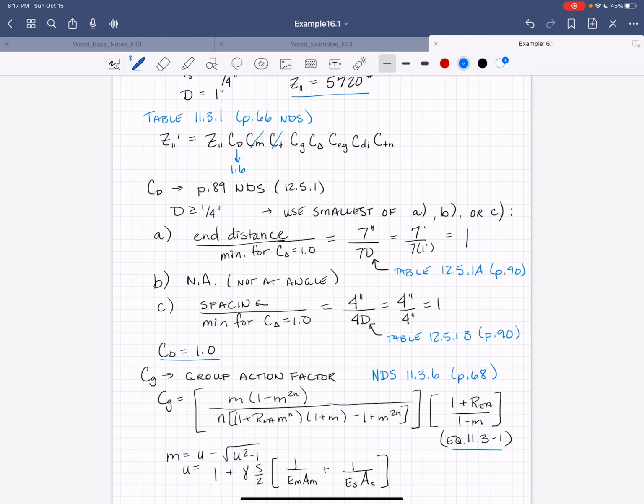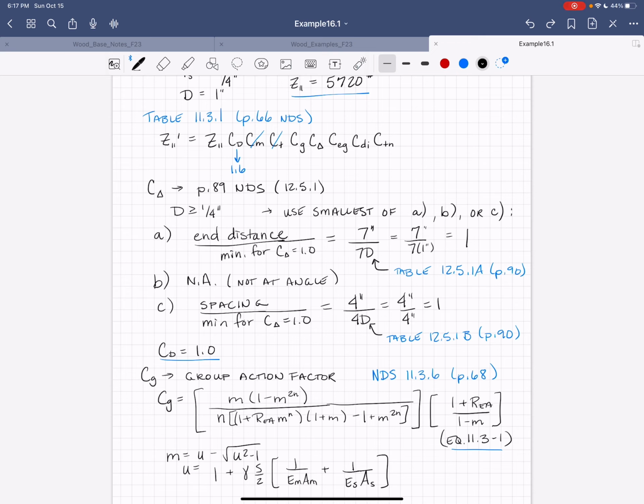If you go to page 89 and open that piece in your code, I'm going to open this up real quick because I wrote something down wrong, just to make sure. We need CD, which is our 1.6 from previous. We've looked at that one before. This is C delta; in my mind I just wrote D. So we're going to have to find this guy, C delta, and C sub G. Then we'll talk about these other three.